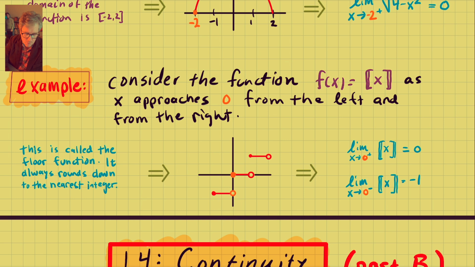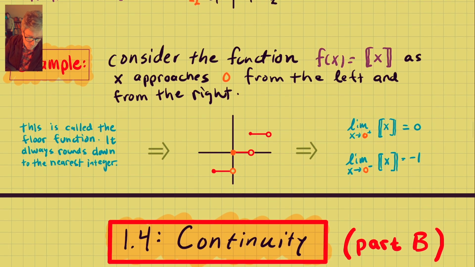If I want x to approach 0 from the left and from the right, what does this look like? If I approach from the left, then I'm on this piece here. As I approach 0 from the left, the value of the function looks like it's heading towards -1, and so the limit from the left-hand side is -1.